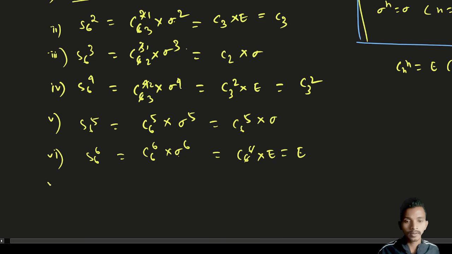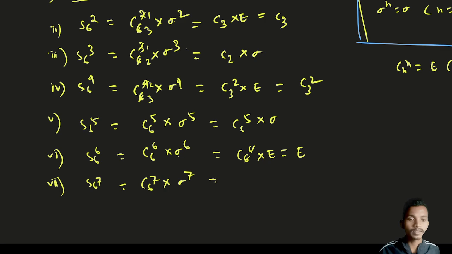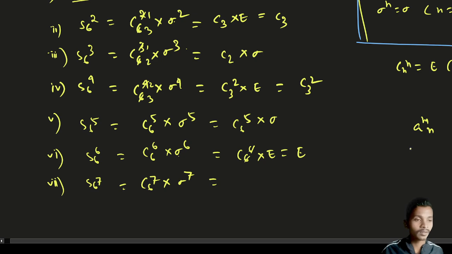Now if I proceed another, then S6 7, and this is C6 7 into sigma 7. What we know is that for a m n, if m is greater than n, then always m minus n.